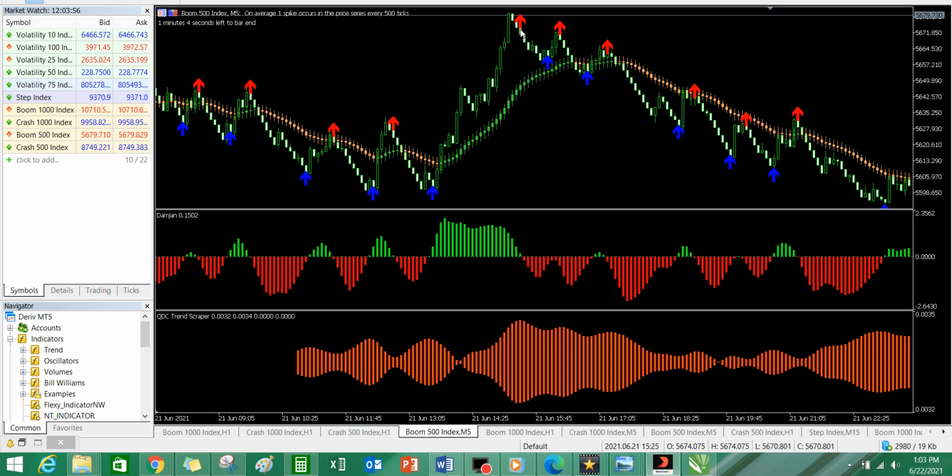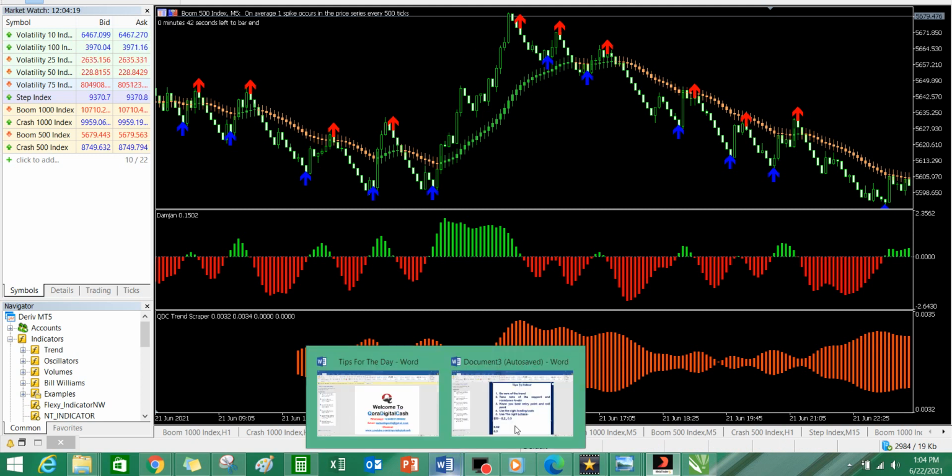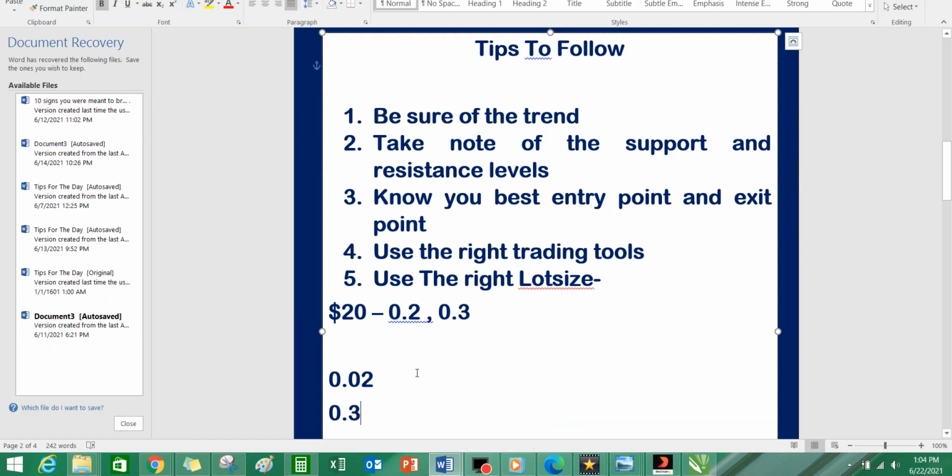Immediately it turns blue, you set it up using the settings I just explained to you. That way you will be guided, you will be able to avoid all these sudden spikes that happen, and you won't lose your money. I've just taught you how to protect your money right now.